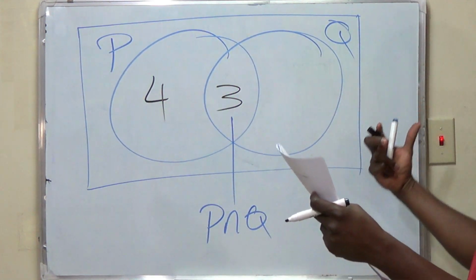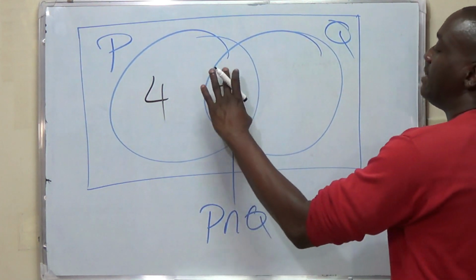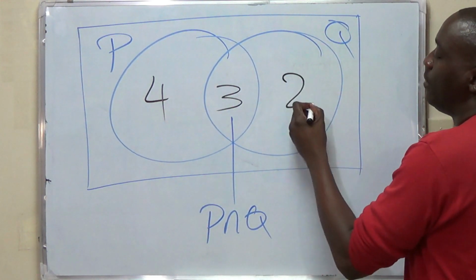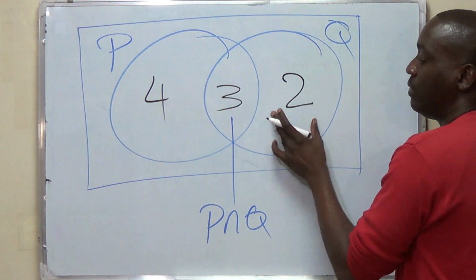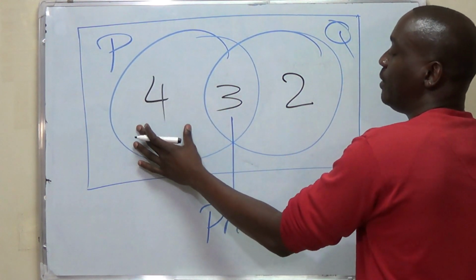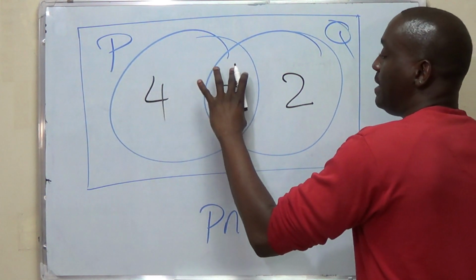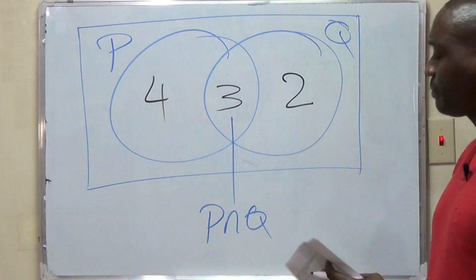So if we are told that n(Q) is equal to 5, and we know that n(P intersect Q) is 3, then this little part here, what we will normally refer to as Q only, would be 2. This here would be what we would normally call P only, which would be 4. So P intersect Q, or P and Q, would be 3.